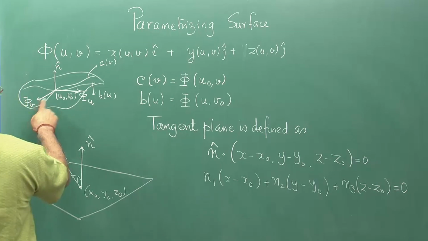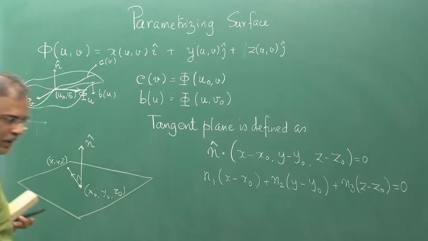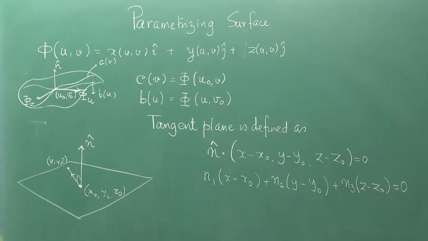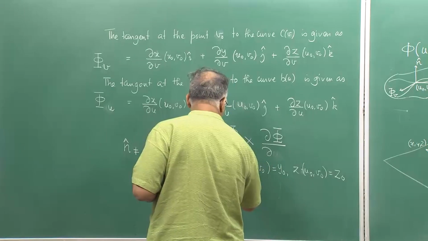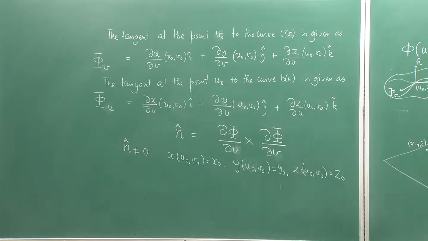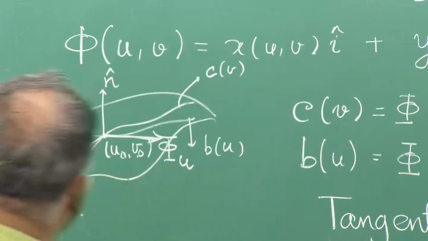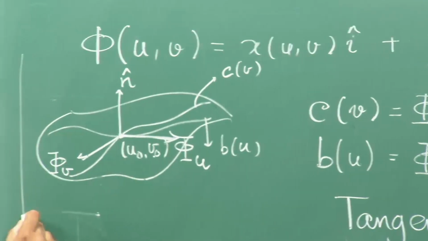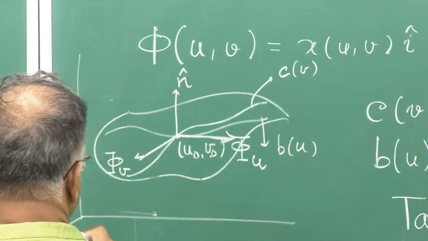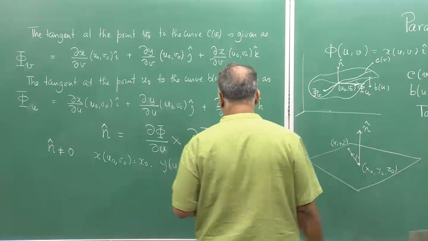I think this is the curve. Of course, we have to check, I have done it a little hurriedly. We will go by the book and use this definition, u and v. When you actually draw an xyz coordinate system, you will know in which direction these two are pointing.